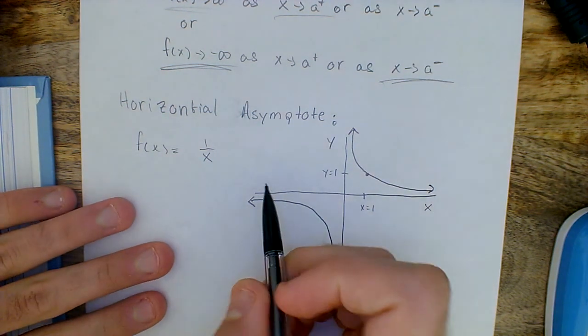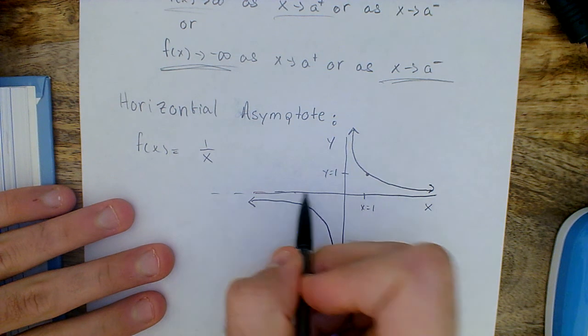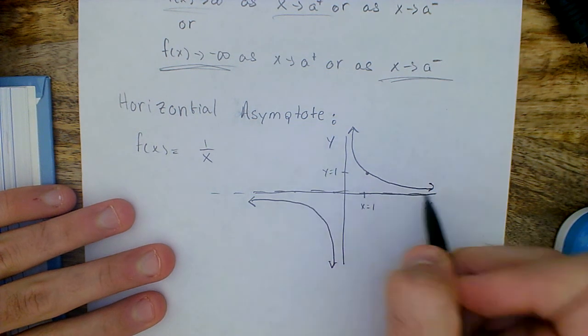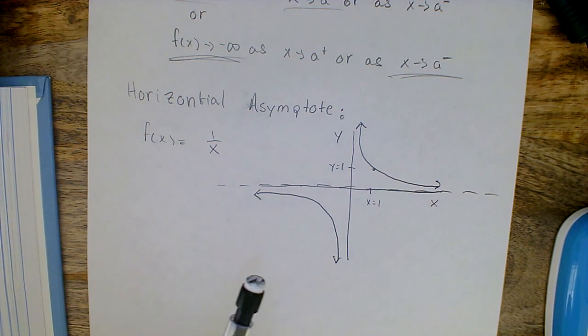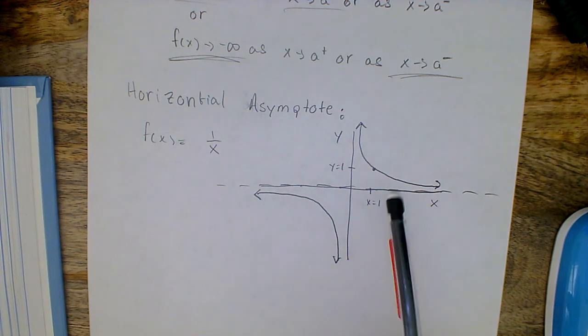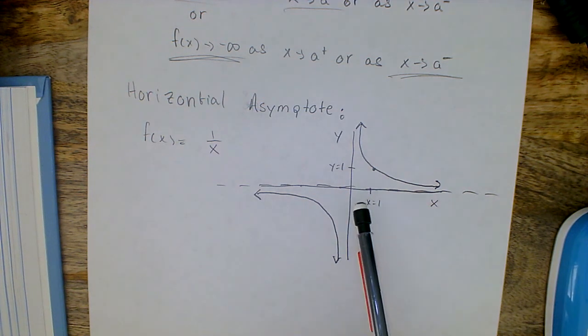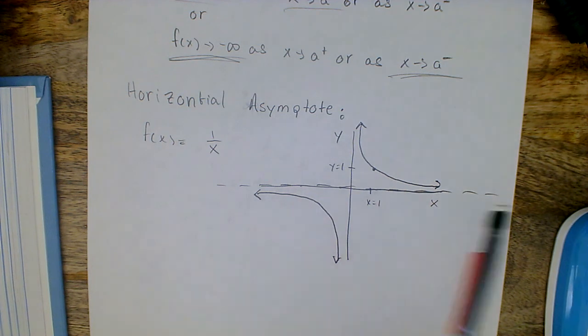Notice that there's also a horizontal line here, the y-axis, that is never touched by the function. Unlike a vertical asymptote, a horizontal asymptote can actually touch the function, but it really just depends on what its end behavior is.